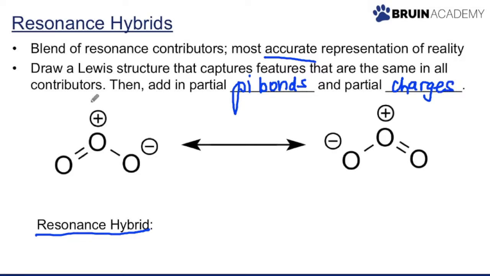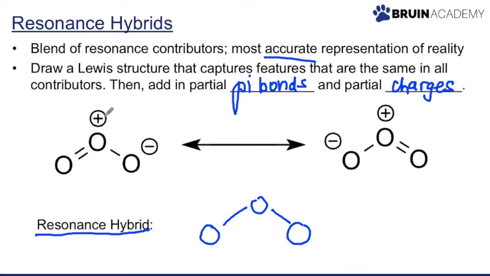So let's take a look at ozone over here. These are the two resonance contributors for it. The first step to drawing a resonance hybrid is identifying the features that are the same in all of them. So ozone has these 3 oxygens over here. It also has these sigma bonds that we're going to include so that these oxygens bond together.